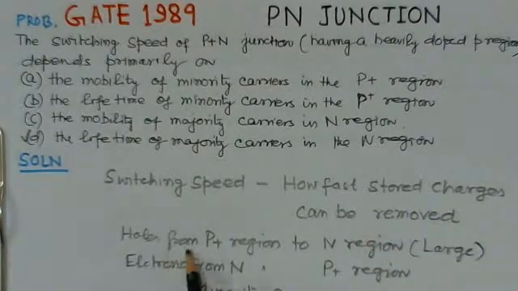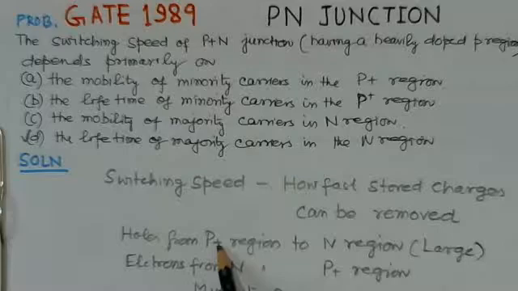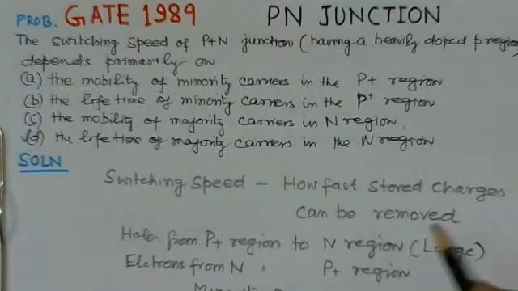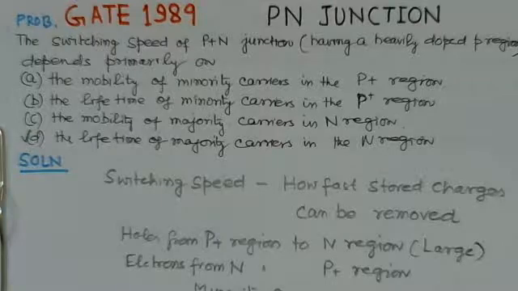Now we know that holes from the P plus region will be injected into the N region, and because this is a P plus region, there will be many more holes as compared to electrons of the N region. Similarly, electrons from the N region will be injected into the P plus region, and they will become minority carriers there, and then they will combine with the majority carriers in that region.